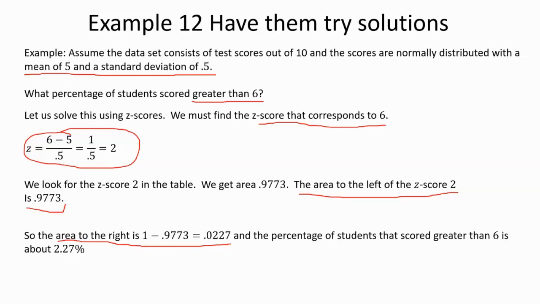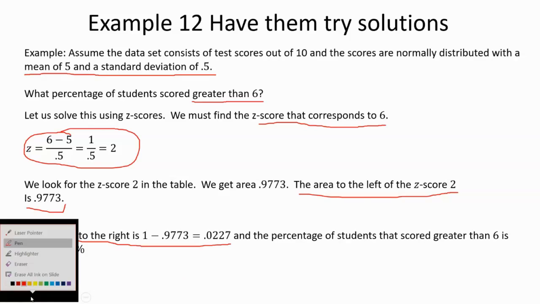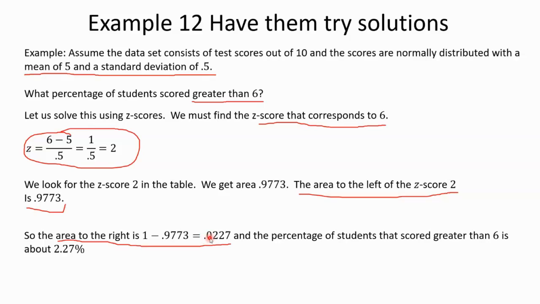And we get 0.0227. So the percentage of students that scored greater than 6 is about 2.27%. That's what we get.